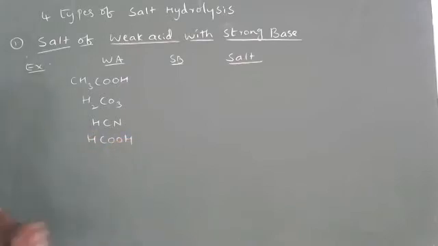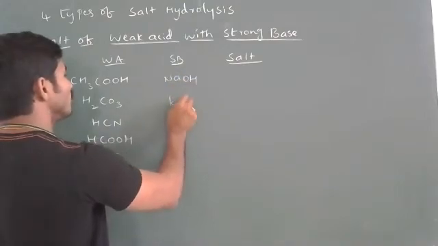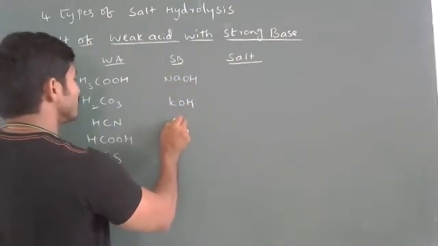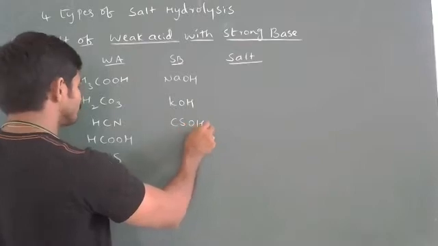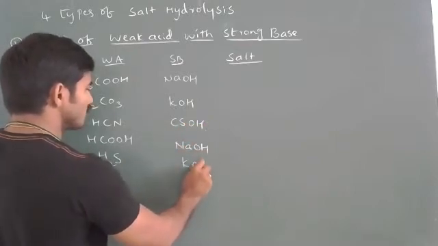All these are weak acids. Even H2S is a weak acid. Strong bases are what? I can take NaOH, KOH, cesium hydroxide. Different types of bases you can take.